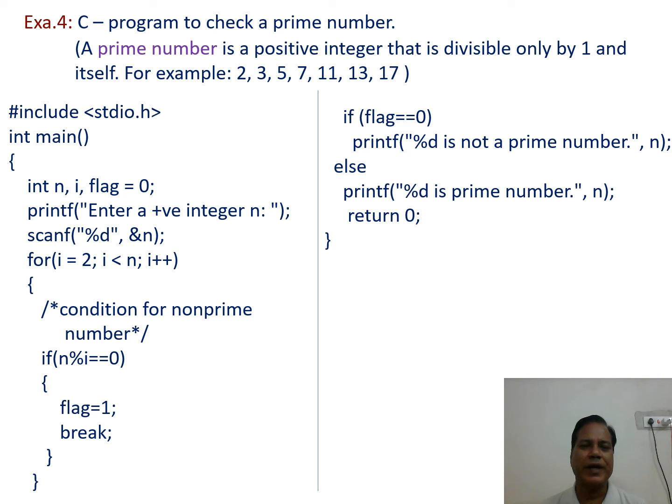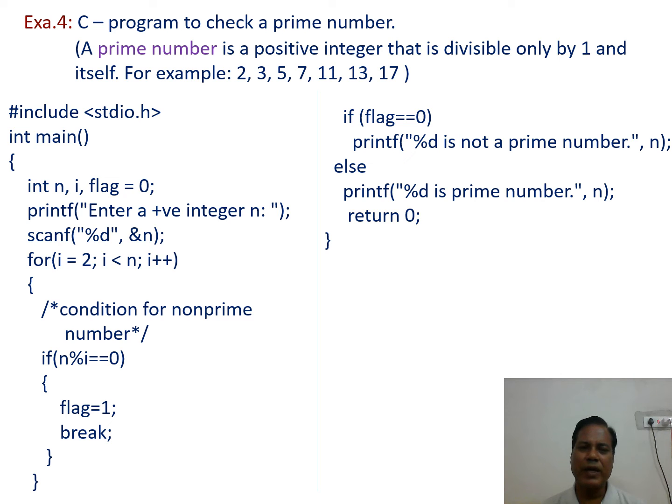The initial value of i is 2. So after division, if the remainder is 0, it means that the number is divisible by 2.